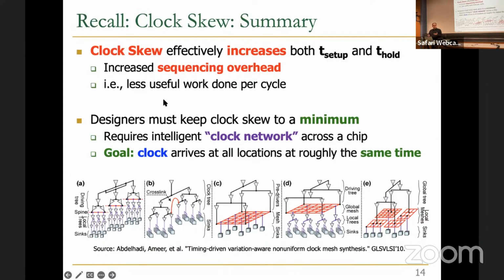So it's very important to make sure that all the components in the system observe the same high and low in the clock signals. You can check these papers if you want to learn more, but essentially people have developed a lot of different networks for the clock.